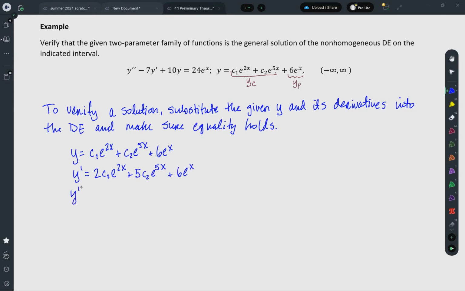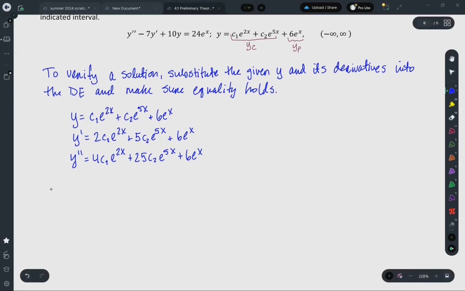And y double prime is 4c1 e to the 2x plus 25c2 e to the 5x plus 6 e to the x. These are what I'm going to substitute into the differential equation. So y double prime minus 7y prime plus 10y.